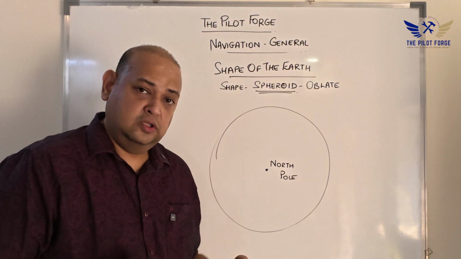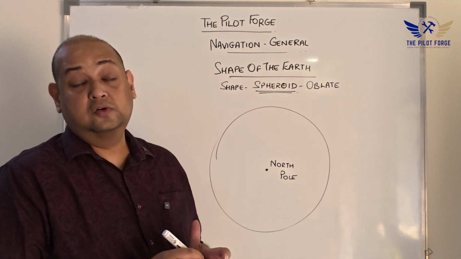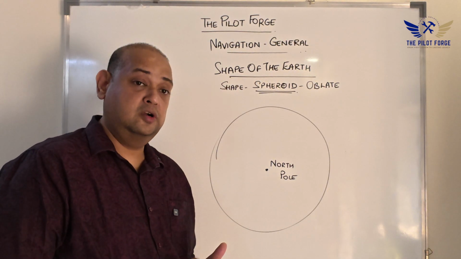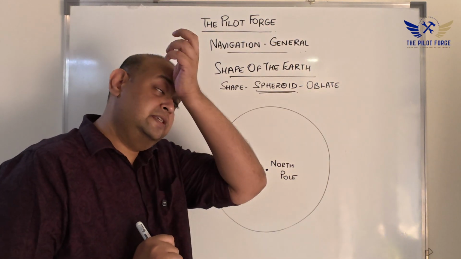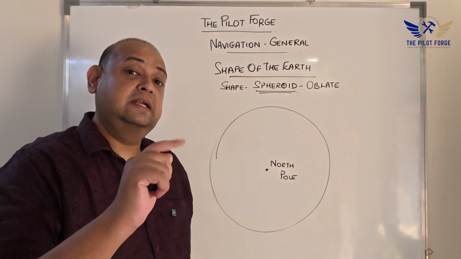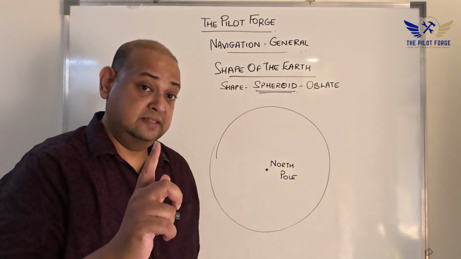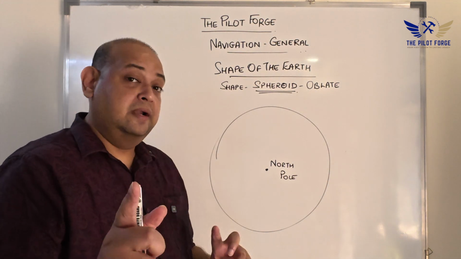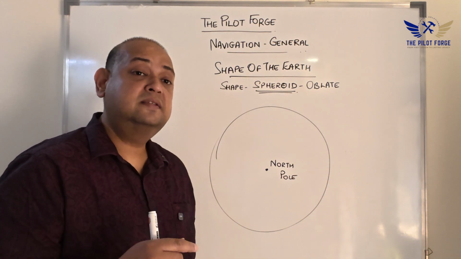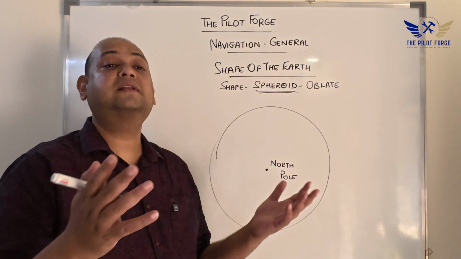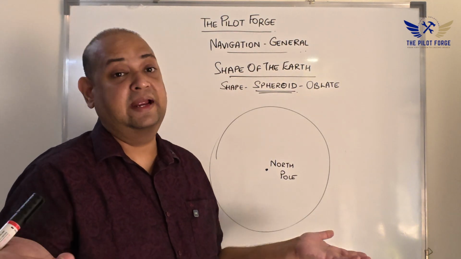Now, this is the North Pole. What I want to call your mind towards is the direction in which the sun rises. Does it rise in the east or the west? It rises in the east, doesn't it? But it sets in the west, and that is something that you cannot actually negate.